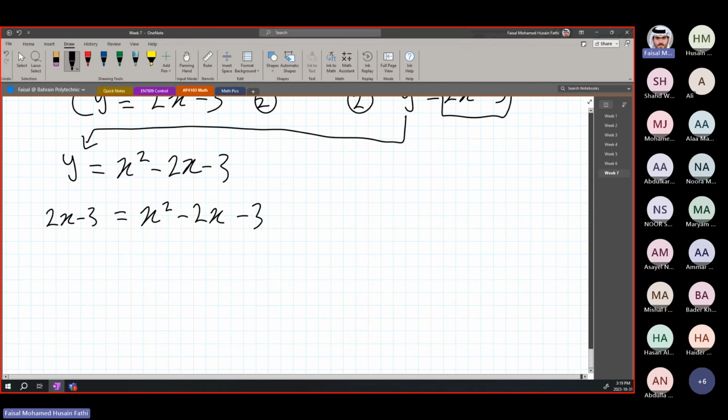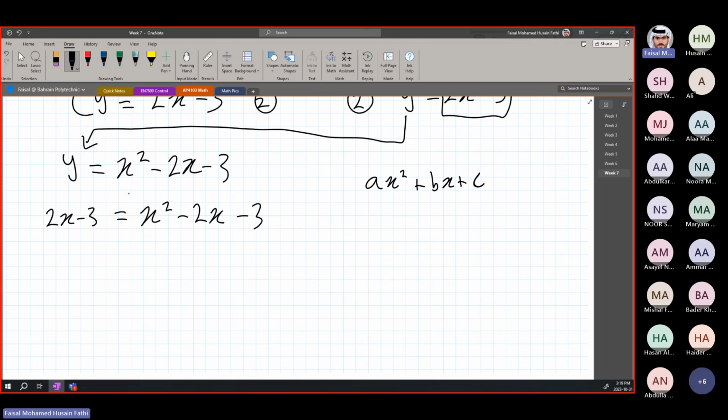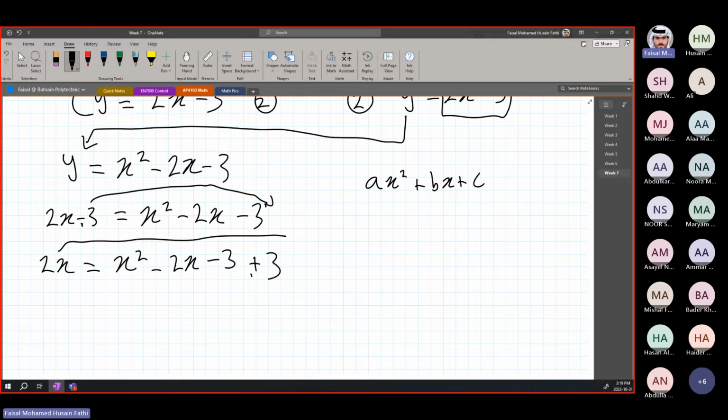But we have to put it in the form ax squared plus bx plus c. Okay? So 2x minus 3, we'll take them one by one to the other side. Let's take the minus 3 to the other side. It becomes 2x is equal to x squared minus 2x minus 3 plus 3, because here minus becomes plus. Now we'll take the 2x to the other side.